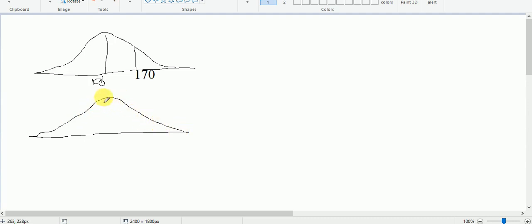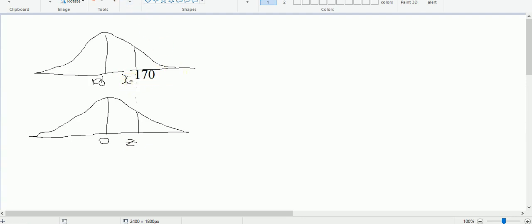With this value as 0, I'll draw this as Z. So this is my x, which is equal to 170.